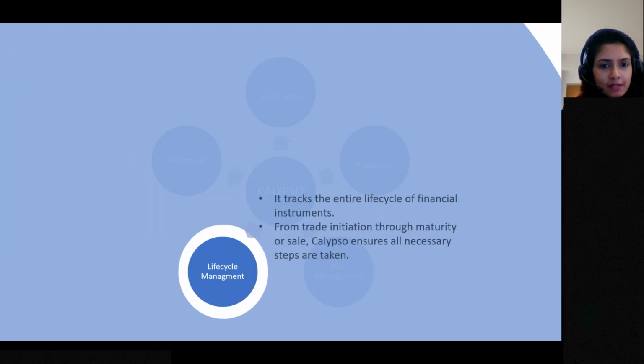Then life cycle management, what it does is it tracks the entire life cycle of the financial instruments. Let's say the trade has entered. Okay, I agree that the customer will pay me the amount. Now it's my duty that I have to deliver everything in the right proportion. I have to see if all the parties have made the payments.